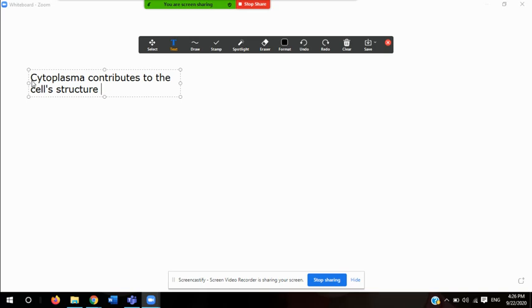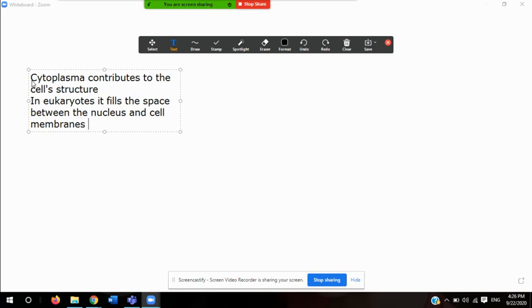And in eukaryotic cells, it fills the space between the nucleus and the cell membrane.